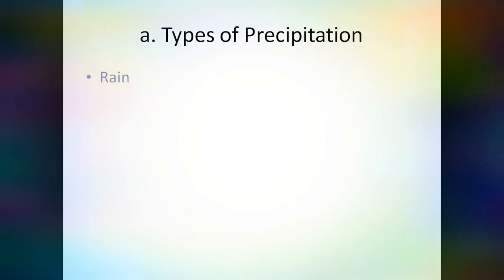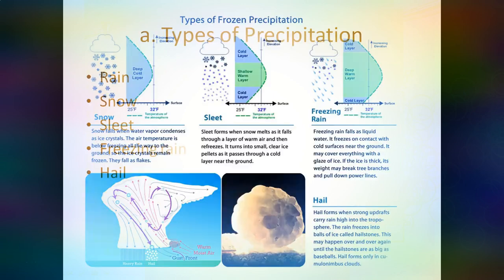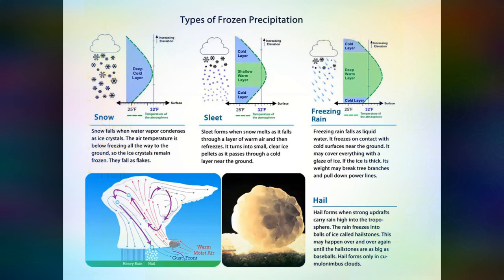Number 1. Types of precipitation. So these are the following types. The first type is rain. The second type is snow, sleet, freezing rain, hail. So in this figure, I have shown the various types of precipitation.